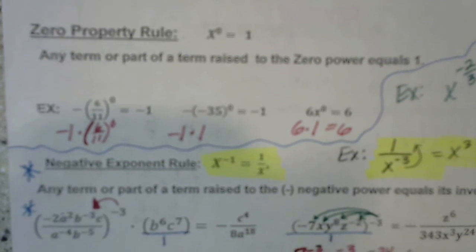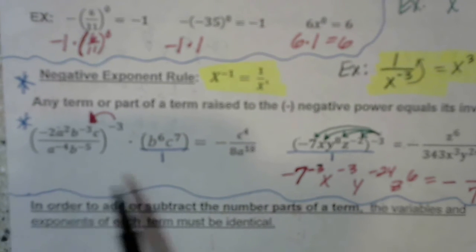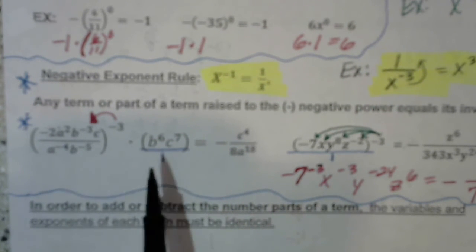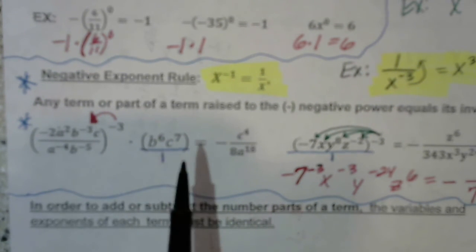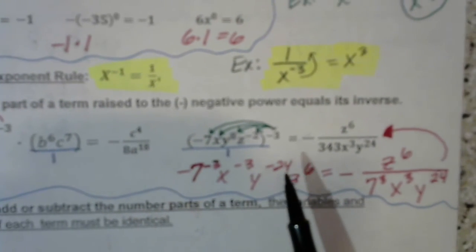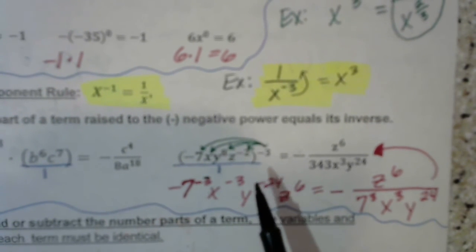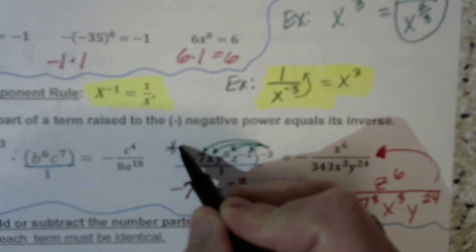There is a zero property rule. You're going to primarily need the negative exponent rule. This first example is really complicated. You won't do this necessarily in Chapter 10, but you might see something like this. So I'm going to primarily talk about this example.